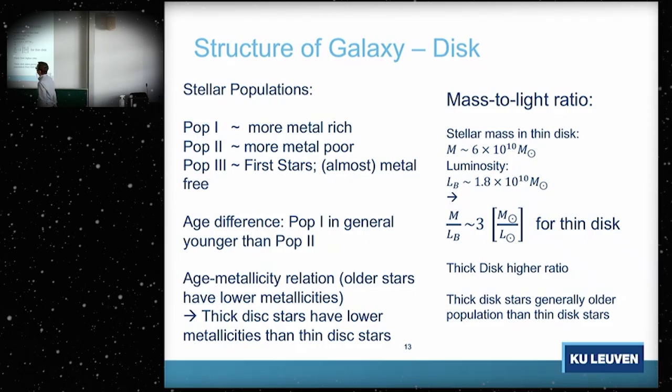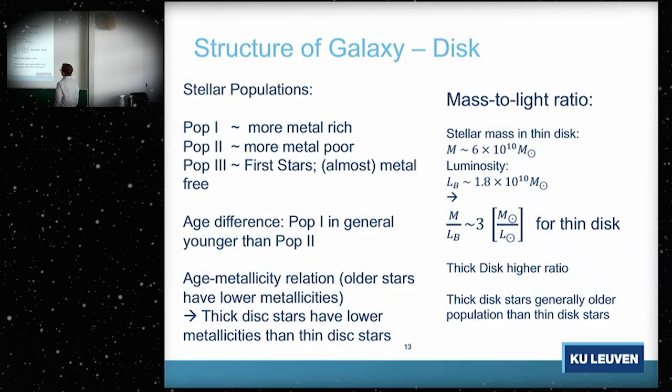Now, then we also have POP3 stars, and that's the hypothetical first stars that were metal-free. I say almost metal-free because they have some lithium in them, right? But to all purposes, they are metal-free, only hydrogen and helium. They have not had time to have any metal enrichment. And we have already alluded to this because of the chemical enrichment process that takes place.